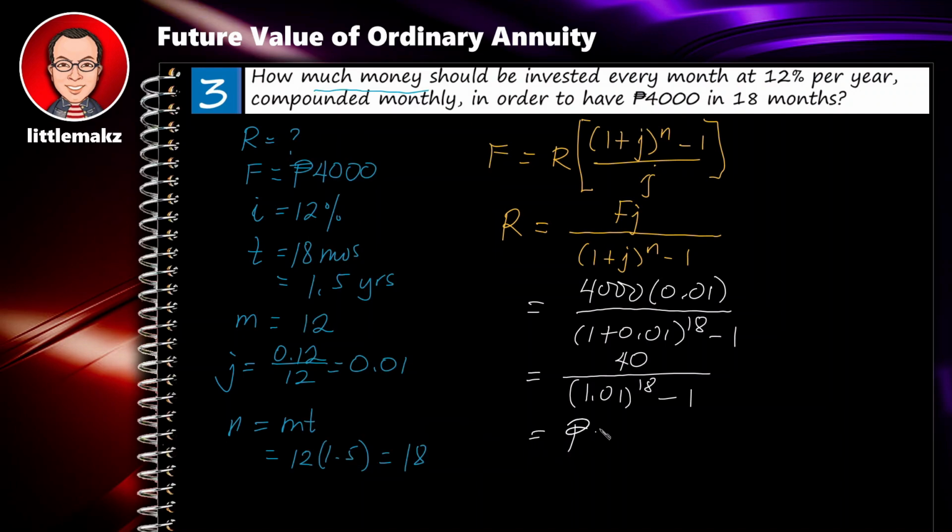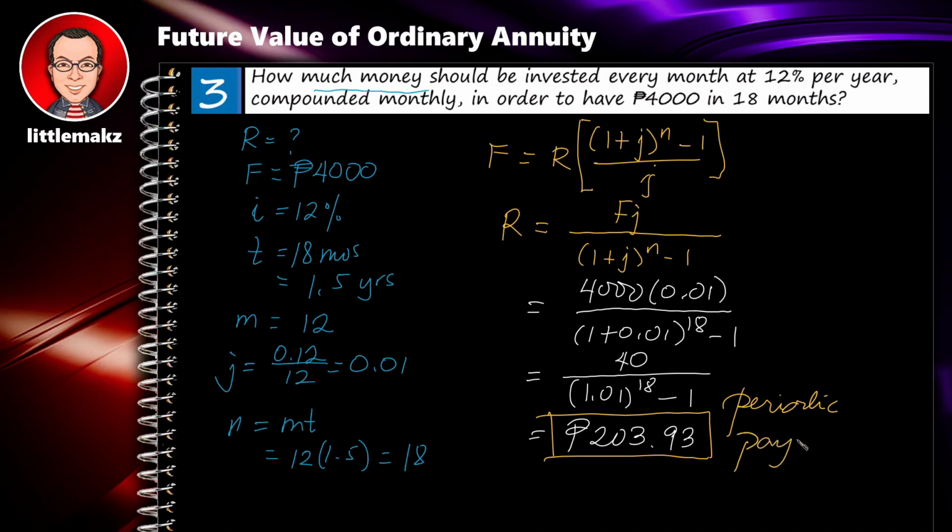We write this 203 pesos and 93 centavos. And this value is what we call your periodic payment. That is the amount of money that must be invested every month at 12% interest per year in a period of 18 months or 18 payments.